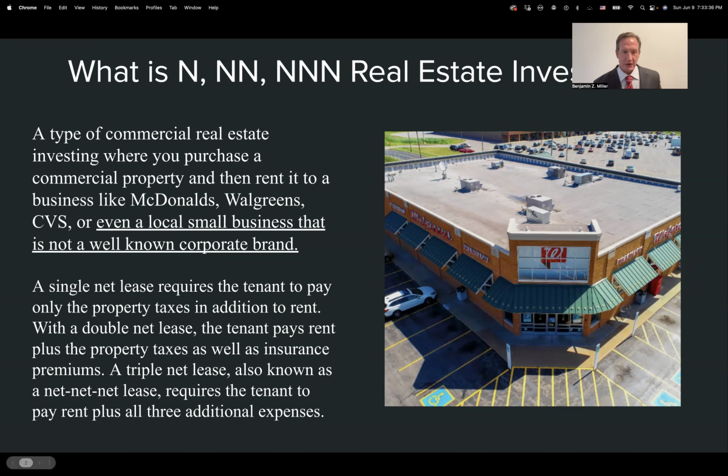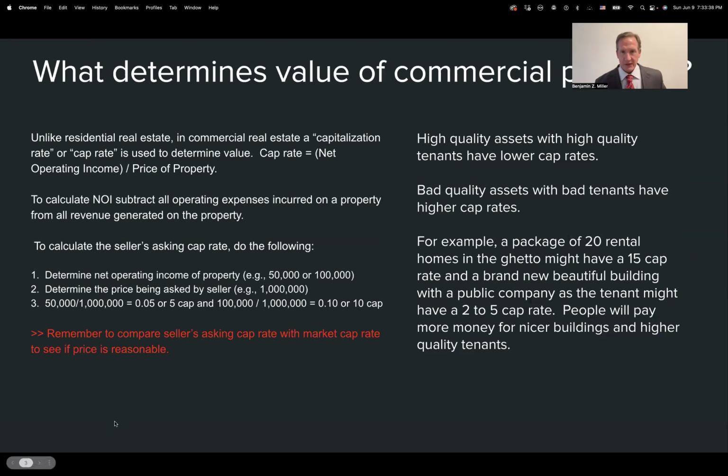But basically, there are some different factors that come into play. So there's a cap rate. You'll often hear that term, which is just the net operating income divided by the price of the property. So let's imagine that a property produces, say, $50,000 a year in net operating income. And let's say that the price to purchase that property is $1 million. Well, the cap rate on that would be 50,000 divided by 1 million. That equals 0.05, or 5%, or a 5 cap.